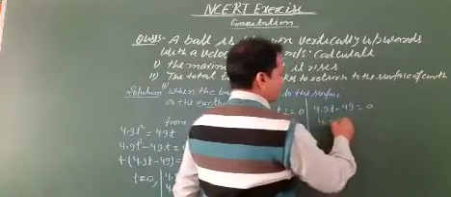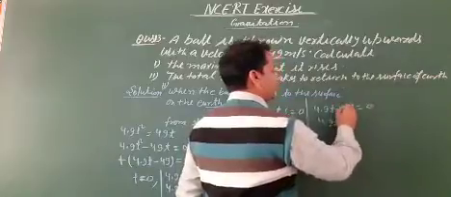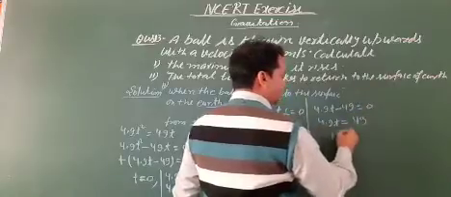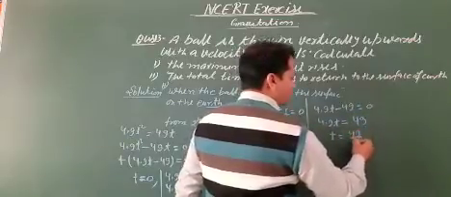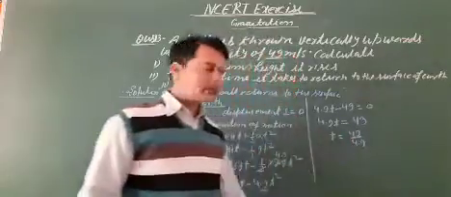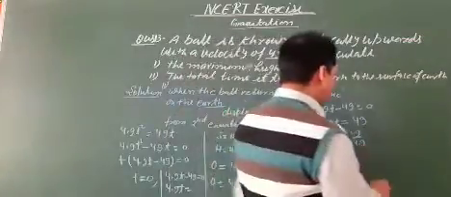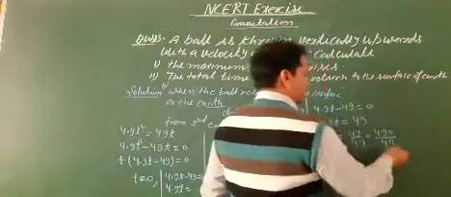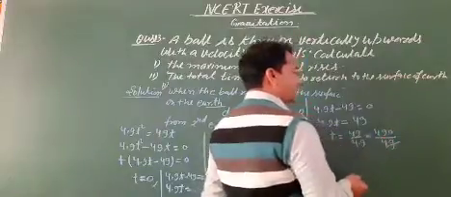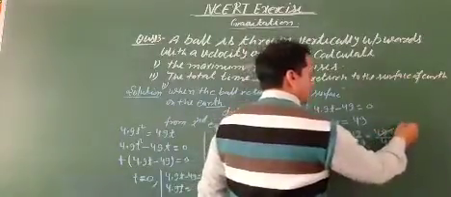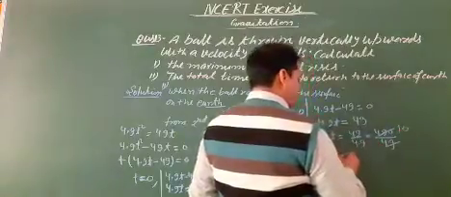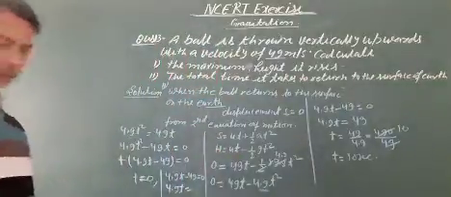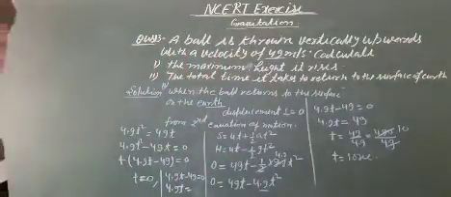Transpose the 49 here, then the negative sign will change to positive sign, 49. Then 4.9t equal to 49, so t equal to 49 by 4.9. In the place of 49 by 4.9, that is 490 by 49. Then simplify, 490 divided by 49, we can write 10, and t equal to 10 second. So the value of time equal to 10 second.